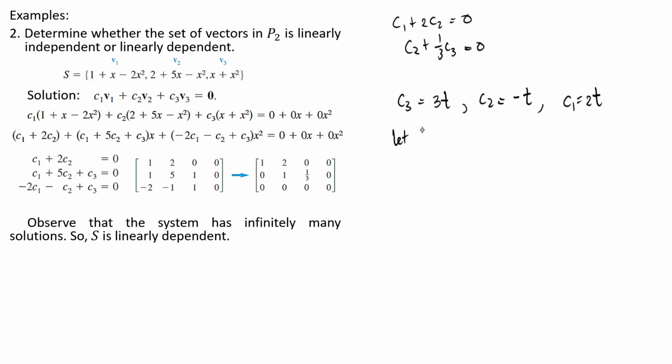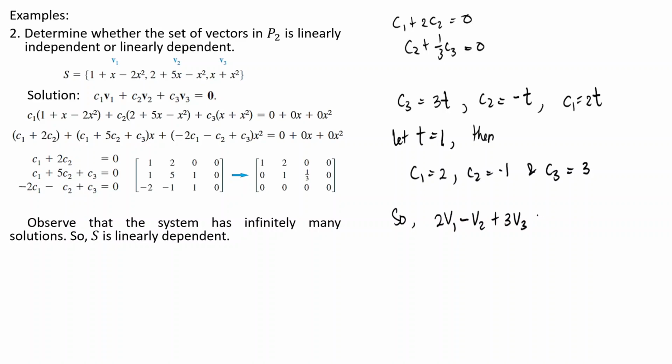Then if we let t equal 1, we get C sub 1 equals 2, C sub 2 equals negative 1, and C sub 3 equals 3. By substituting these scalars, we have 2 v sub 1 minus v sub 2 plus 3 v sub 3 equals 0, and this implies that v sub 2 is equal to 2 v sub 1 plus 3 v sub 3.